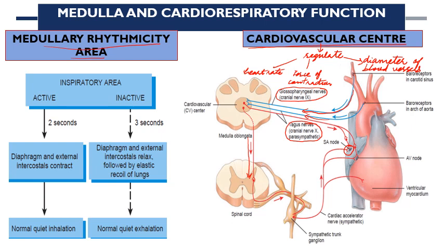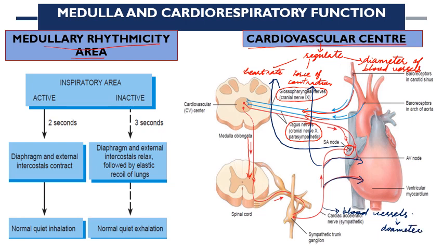Thus, the SA node controls heart rate. The fibers are also distributed to the ventricles to control force of contraction. The fibers are also distributed to the blood vessels to regulate their diameter.